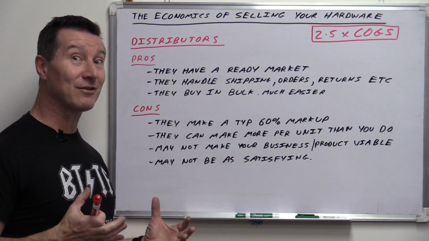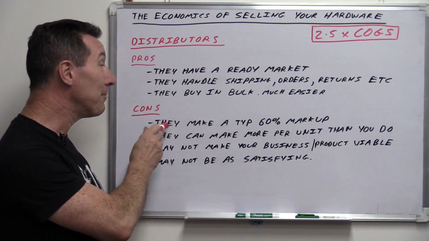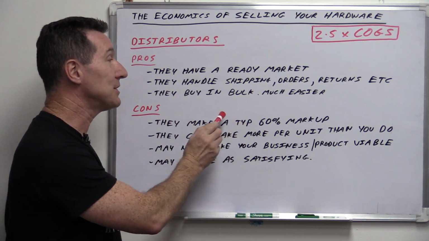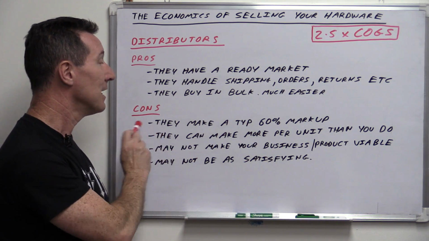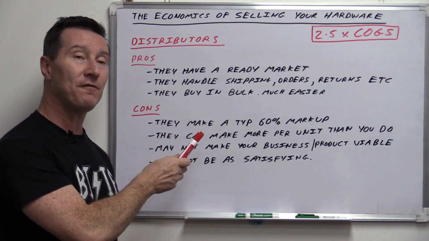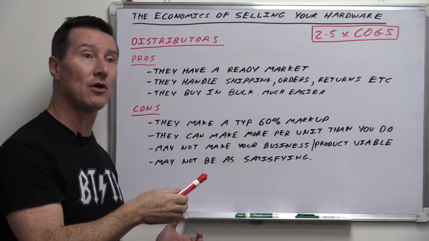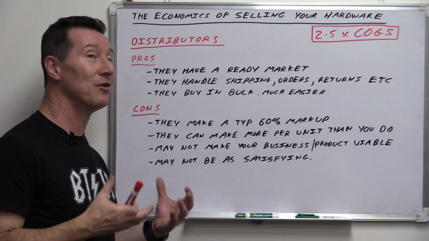But of course there's downsides with going with distributors. This will vary with distributors, but typically they're going to want to make a 60% markup, and I'll explain in a minute what markup is, what that actually means. And they can actually make more per unit than you do. They could make $50 a unit and you only make $30 a unit, and that may not sit right with you. It may not seem right.